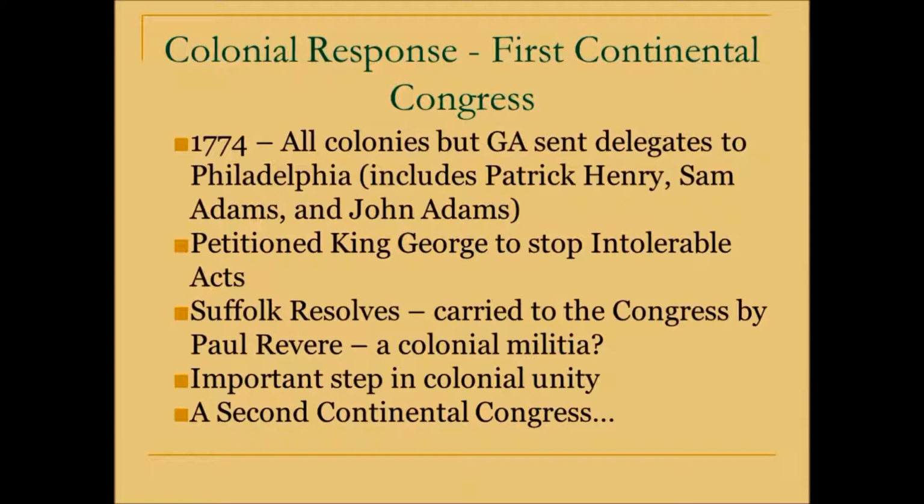So they've already set that idea in motion that this is not over. He's got till a certain time to end those Intolerable Acts. We will come back together, go back to that question of a colonial militia, and definitely not buy any more goods from England or give any more goods to England. Big, big steps towards revolution.